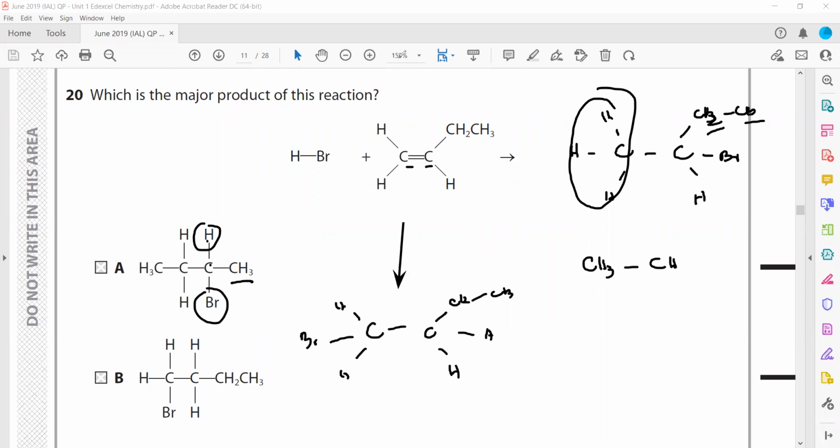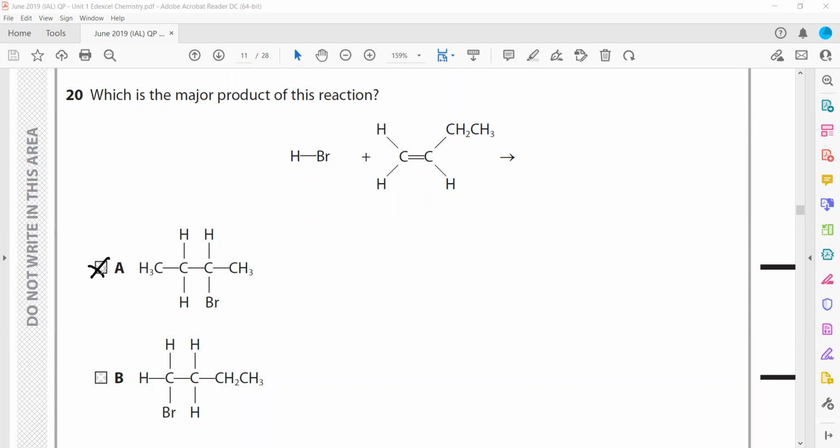So A is the right answer. So the major product is the one in which hydrogen is added towards the side where hydrogens are already more, and the minor will be opposite. So A will be the right answer for this.